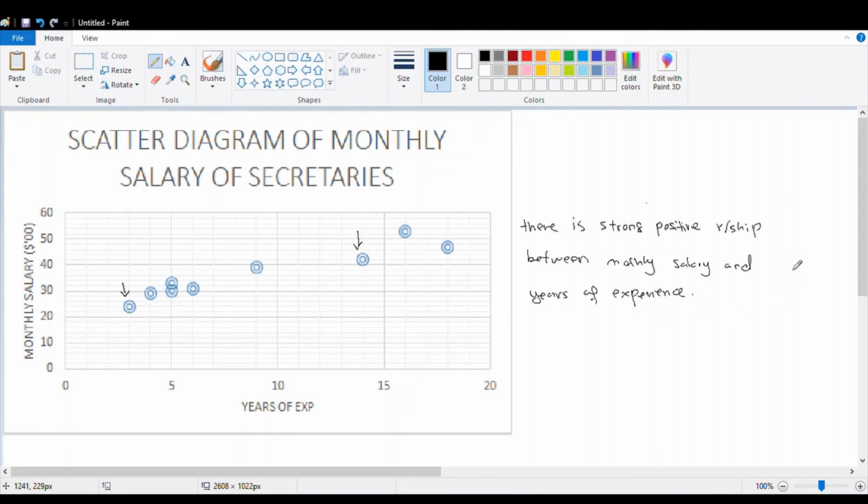Okay, that is how to interpret the scatter diagram. You should mention the strength and the sign, and whether it is exist relationship ataupun tidak. Okay, so that is the answer.